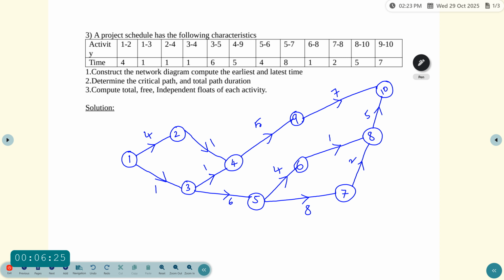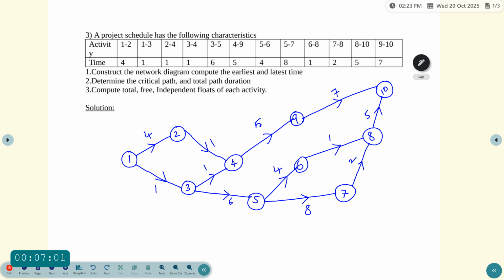Similarly 3 to 4 is 1, 4 to 9 is 5, 5 to 6 is 4, 5 to 7 is 8, 6 to 8 is 1, 7 to 8 is 2, 8 to 10 is 5, and the last one, 9 to 10, is 7. That is the network diagram. So the first question is to construct the network diagram and compute the earliest and latest time. The network diagram is over.